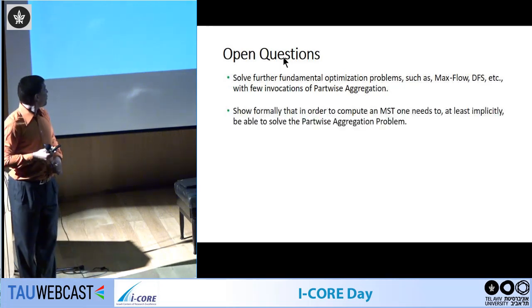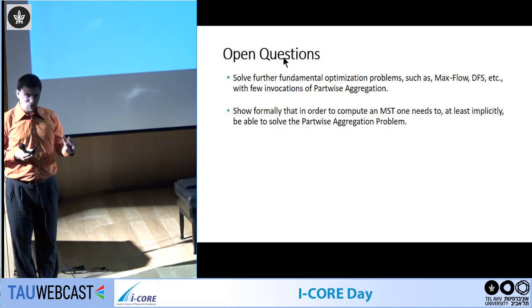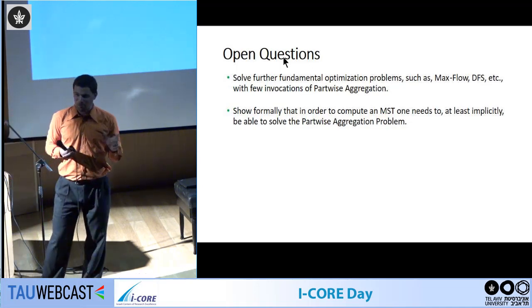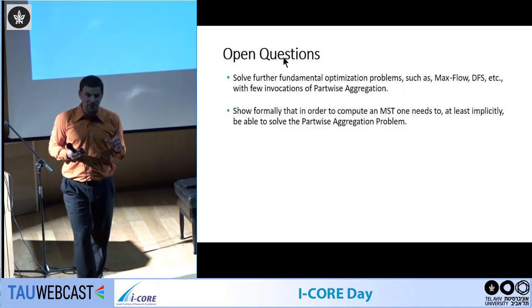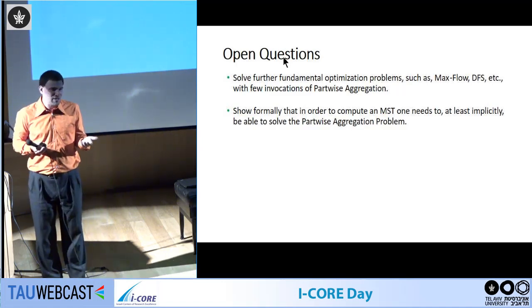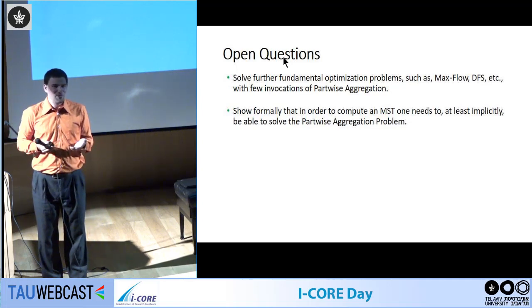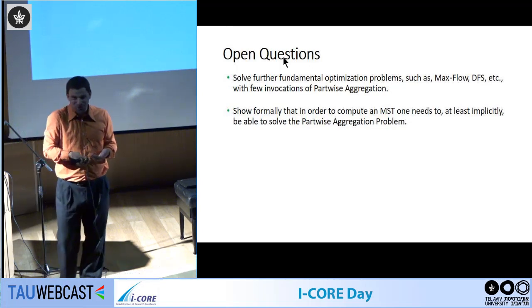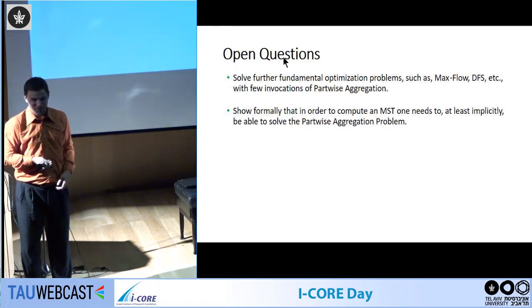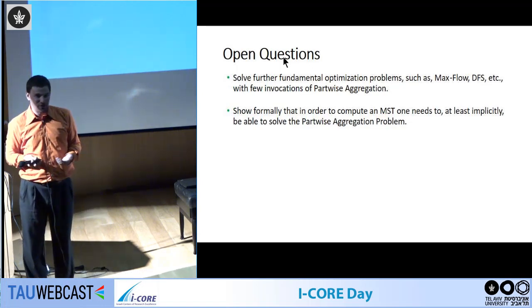What I would also really like to do is show this instance optimality and show a reduction in the other direction. Pairwise aggregation seems like a much easier problem than MST, for example. The direction that we can prove is the other one: once you have pairwise aggregation, you can solve MST.